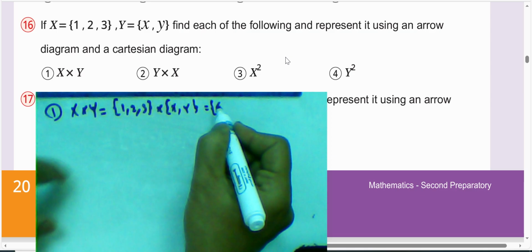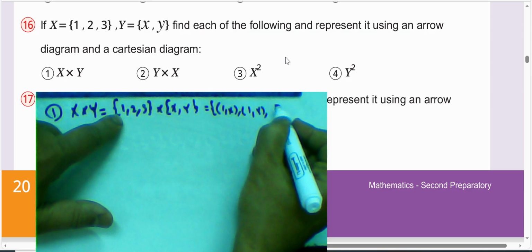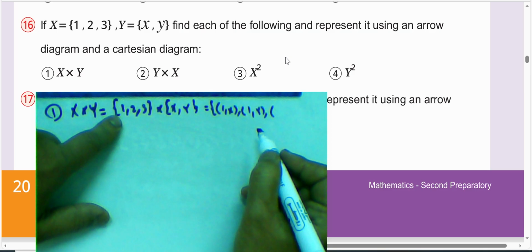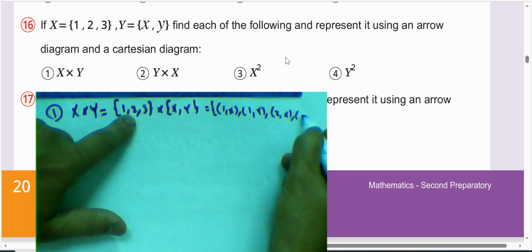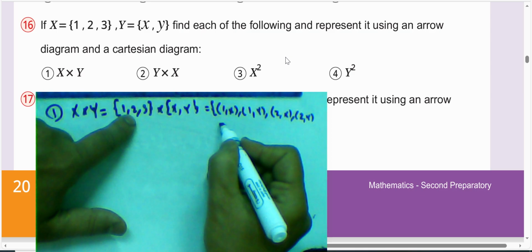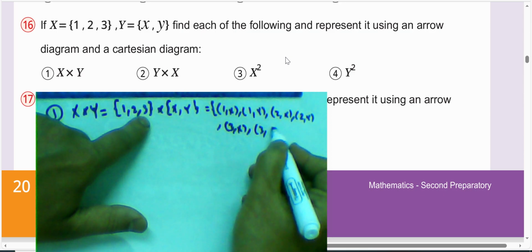The order will be 1 with x and 1 with y, and then 2 with x and 2 with y, and 3 with x and 3 with y.